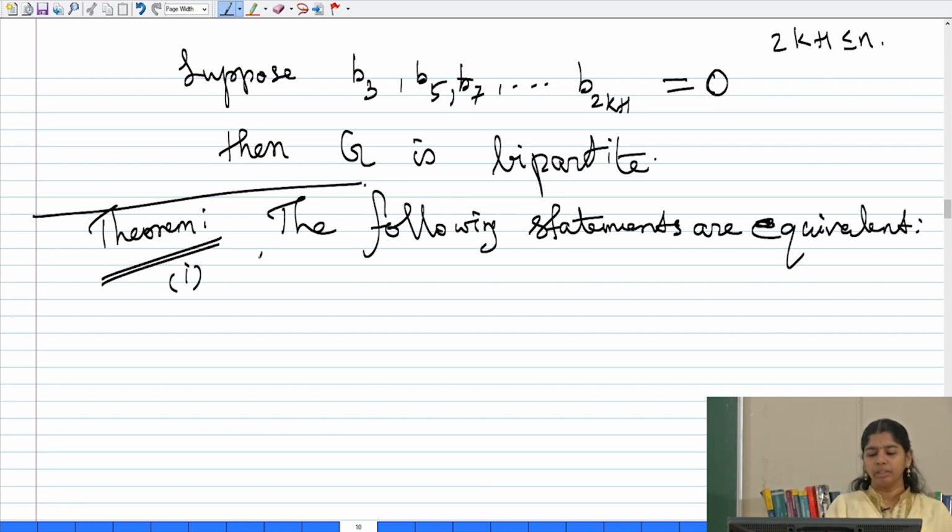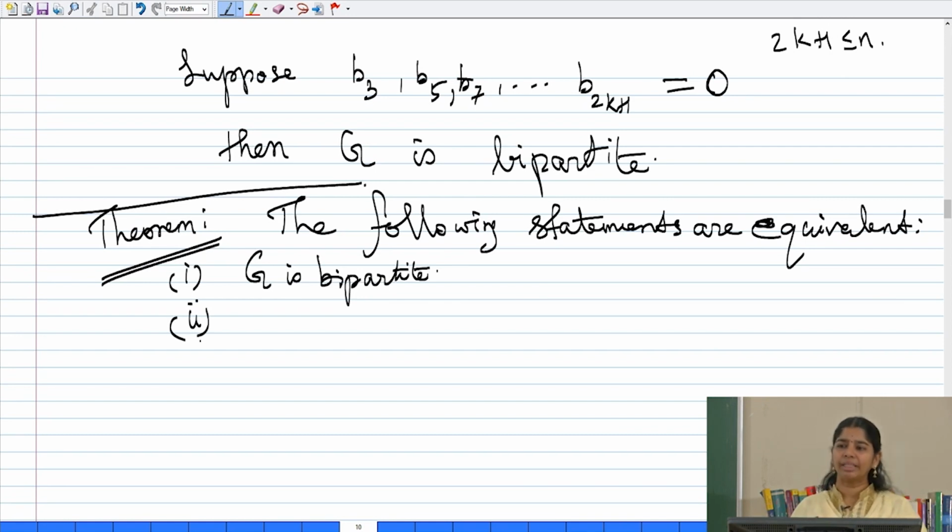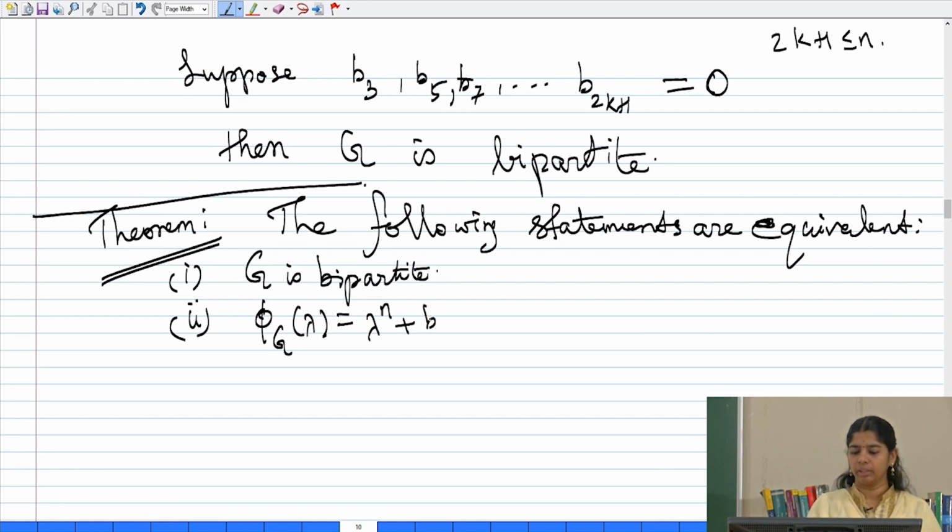So one is G is bipartite. Two, if we look at the characteristic polynomial, what we have recently seen, the characteristic polynomial phi G of lambda written in this fashion: lambda power n plus say b1 lambda power n minus 1 plus b2 lambda power n minus 2 and so on plus bn.